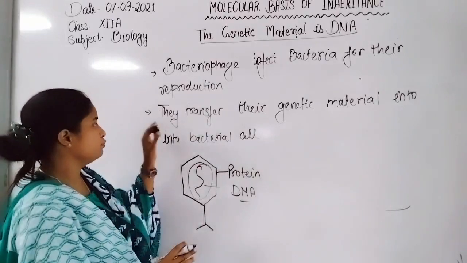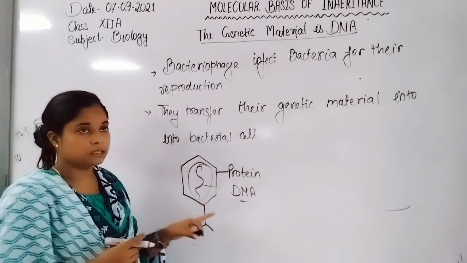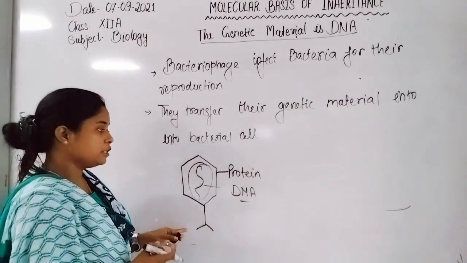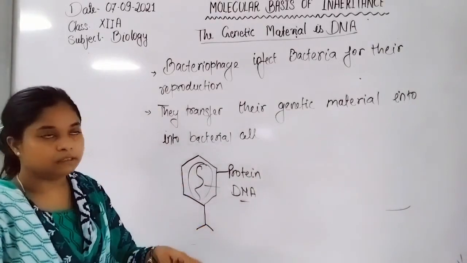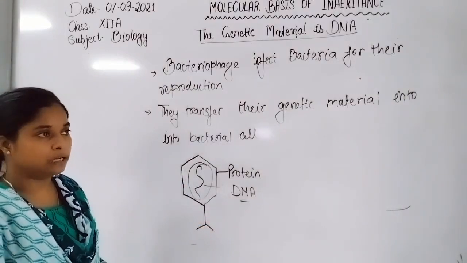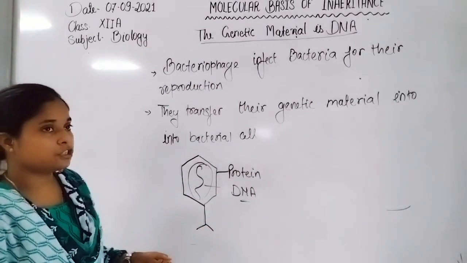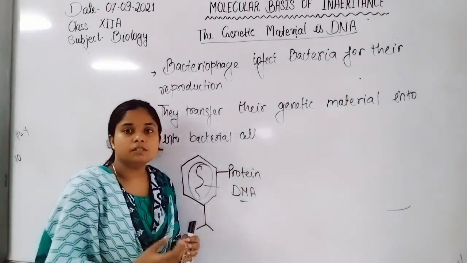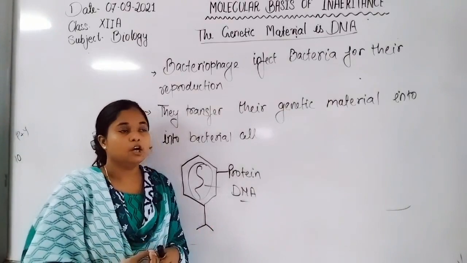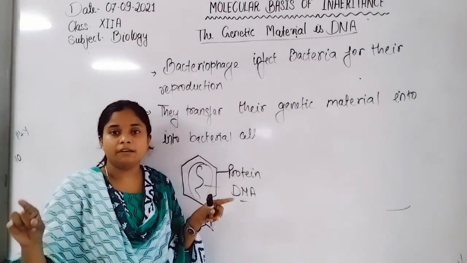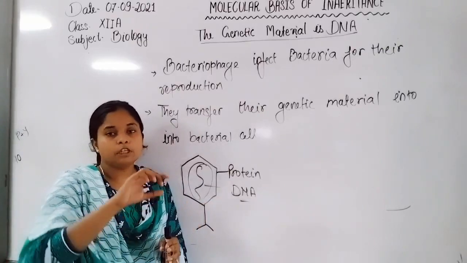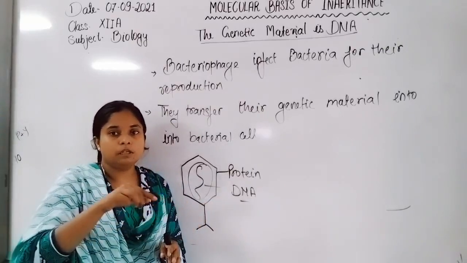Bacteriophages are the viruses that have a DNA molecule, and they transfer their DNA into the bacterial cell and use the bacterial cell machinery of replication, and by replication they increase their number, their genetic material, because the genetic material has the information about the type of protein used in the formation of the protein coat.